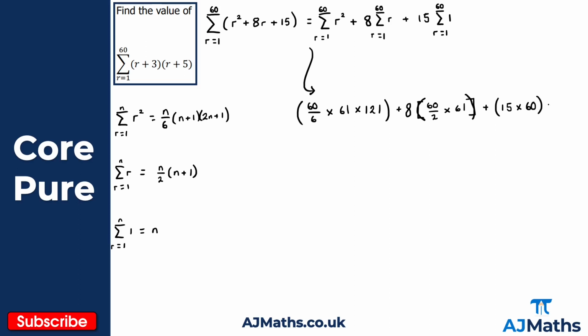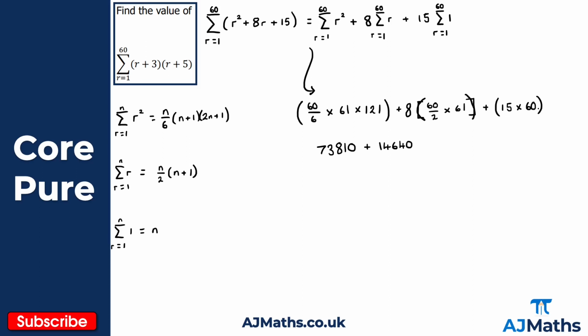Okay. So now what I'm going to do is evaluate each bracket individually. At this point you can simply use your calculator. But what you should get is 73,810 for the first bracket. And for the second bracket, don't forget you need to times all this by 8, so I get 14,640.